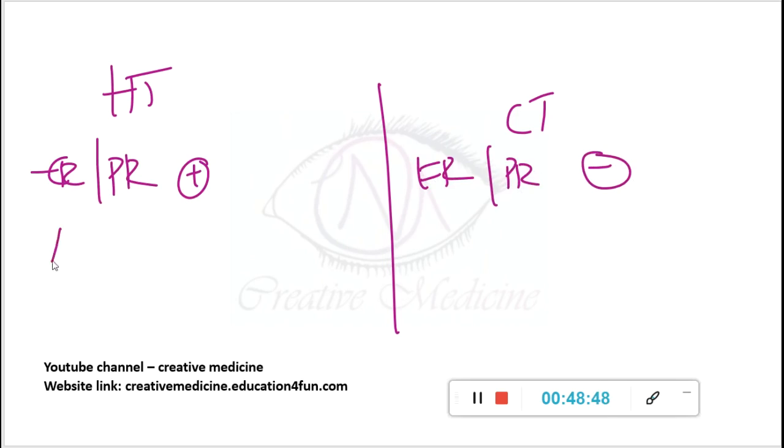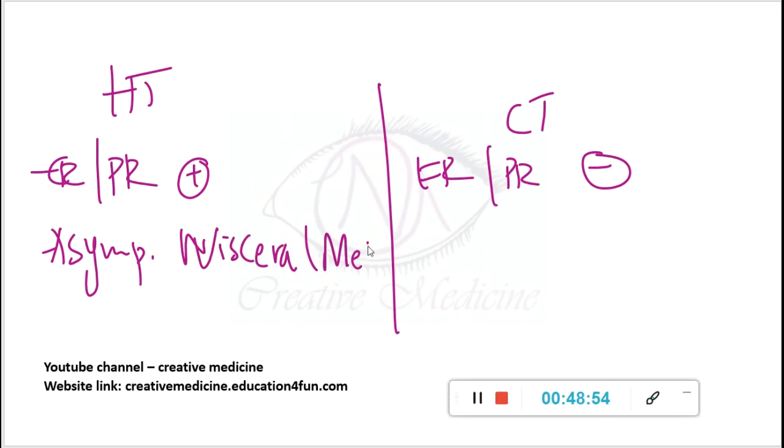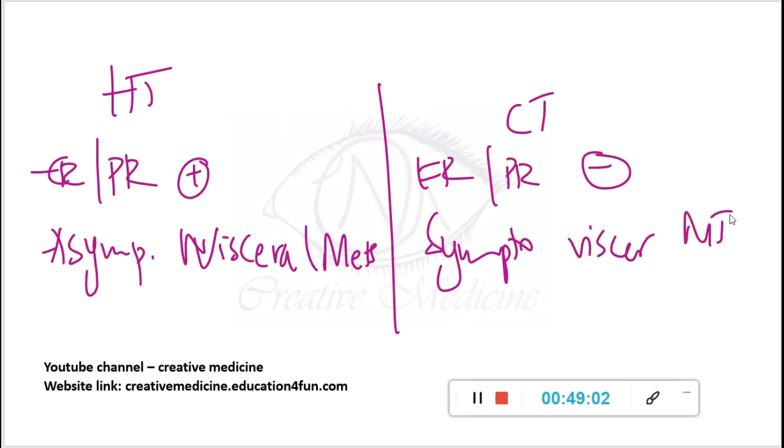Then, if there is asymptomatic visceral metastasis, you should give hormone therapy. If there is symptomatic visceral metastasis, you can give chemotherapy.